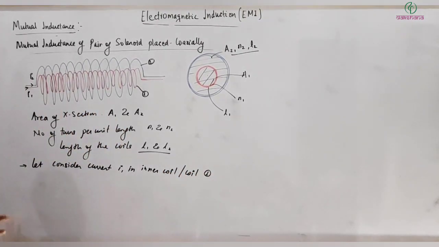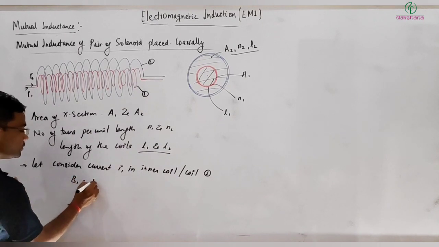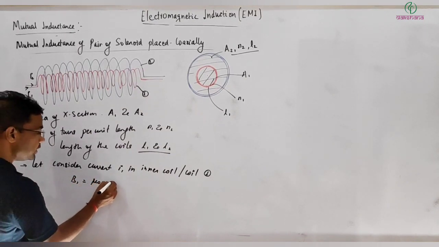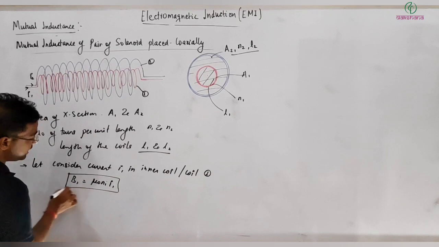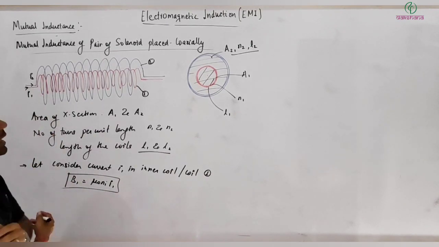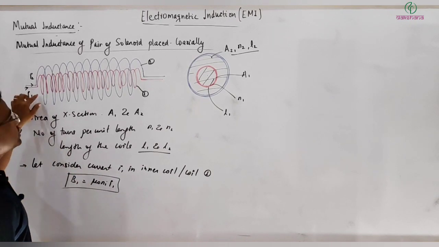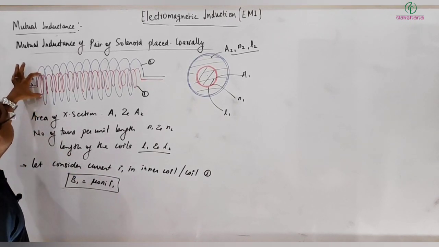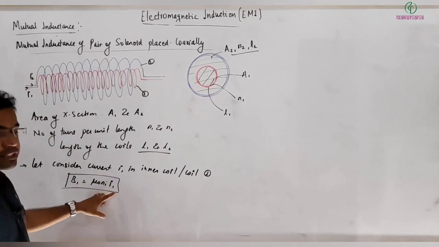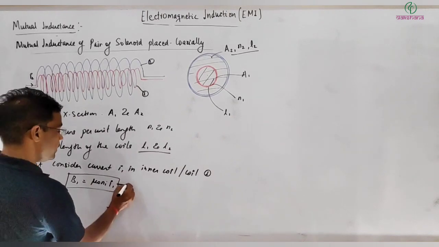Then B is equal to mu naught into N1 into I1. This is the magnetic field inside coil 1, and remember that this magnetic field will be only inside the region of coil 1.